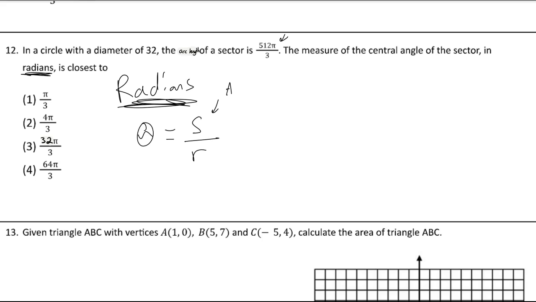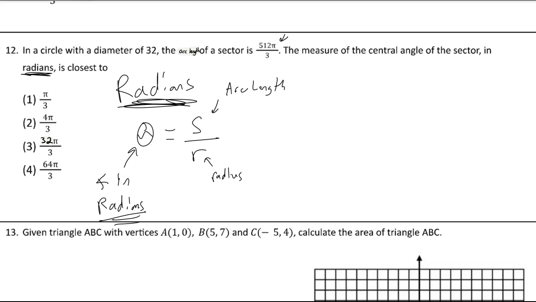So S in this case represents arc length, R is the radius, and that theta is the central angle in radians. So anytime I see the word radians, I think about this formula.